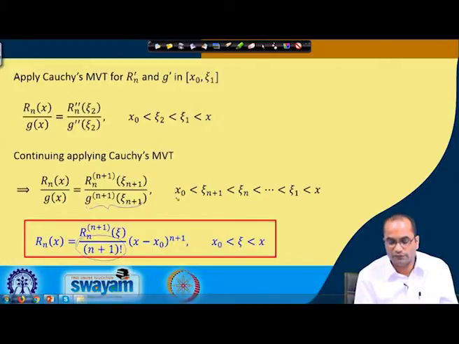It lies somewhere between this x_0 and the point x. So, which is written here, the xi lies between x_0 and x.